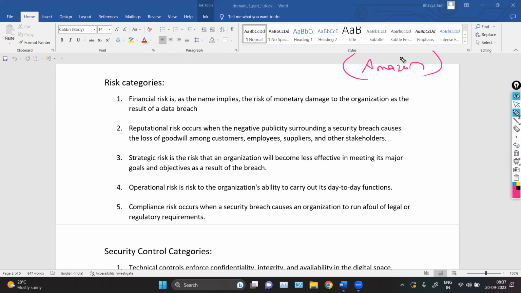So we can say that Amazon is not responsible for its security, right? Because there's a large data breach even in a company like Amazon. So we can clearly say, as a customer, even I would say that Amazon is not responsible for the user data, and Amazon is not even responsible for its security or for its customer security.